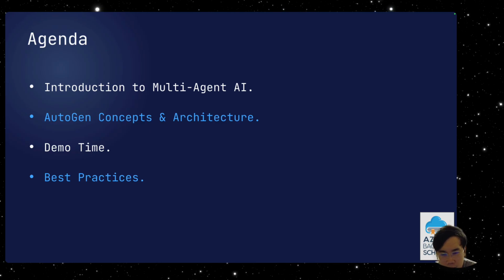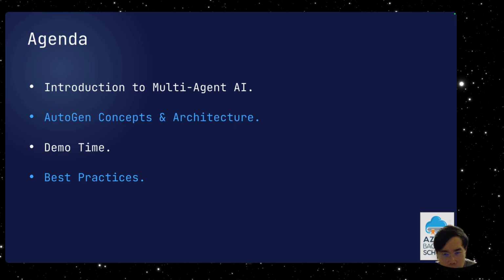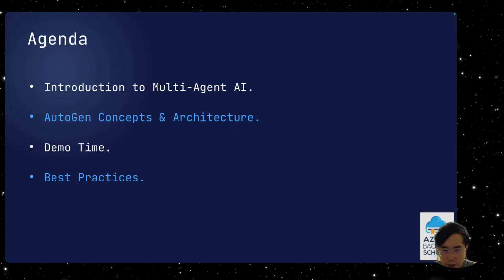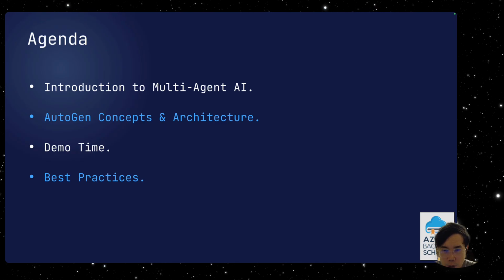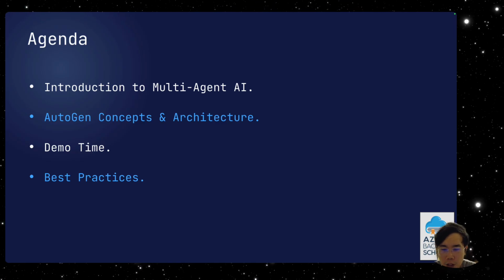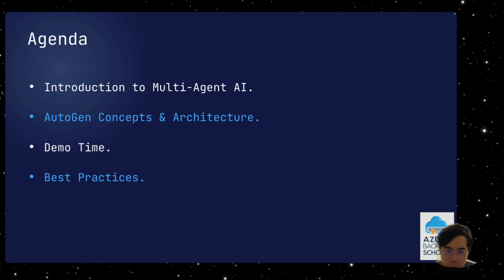There are 3 demos that I would like to go through with you, and you can follow me on the GitHub repo, and you can do it easily to understand how easy it is to use AutoGen. And finally, I will discuss with you best practices for using multi-agent.